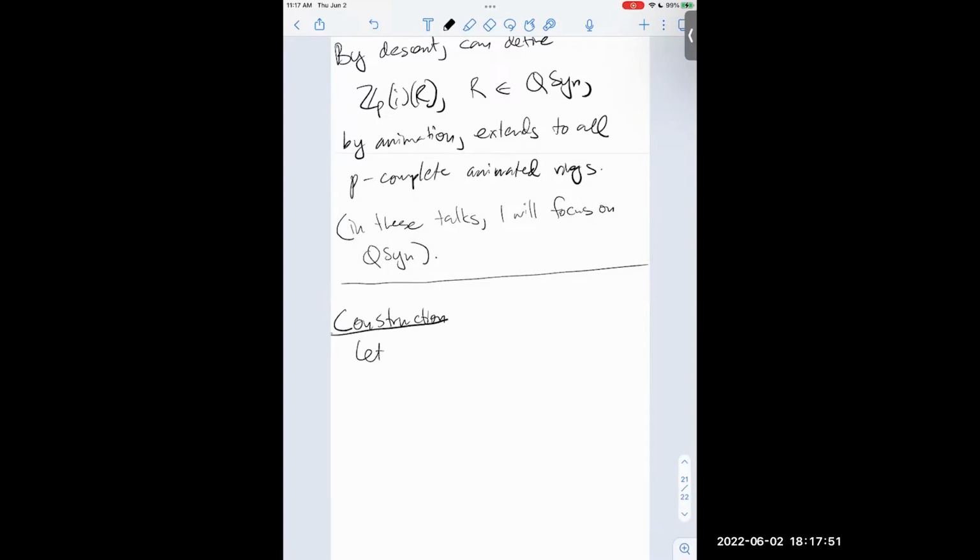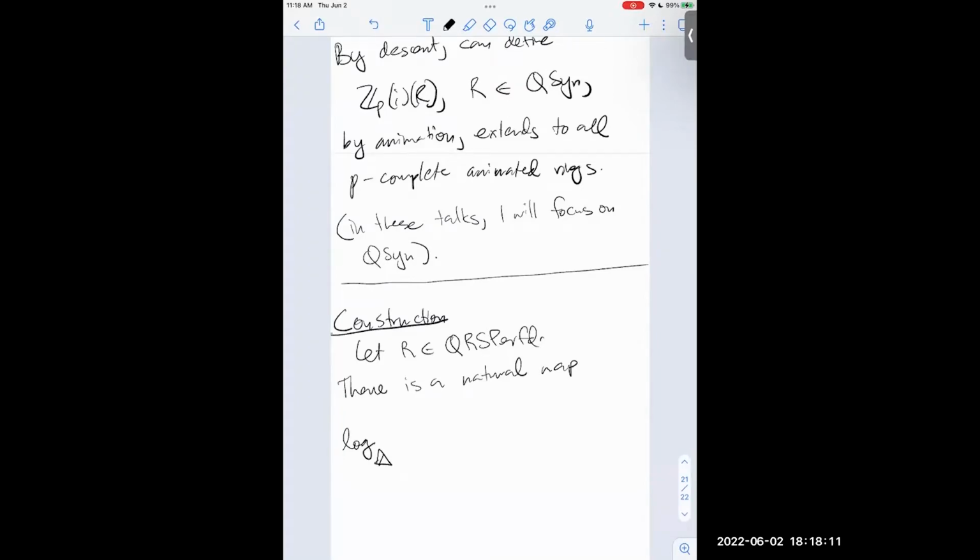So let R be in QRSPerfd. Then there is a natural map called the prismatic logarithm, and a version of this construction also makes sense for any prism.